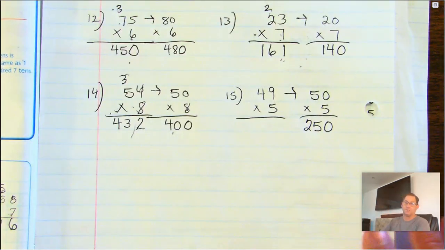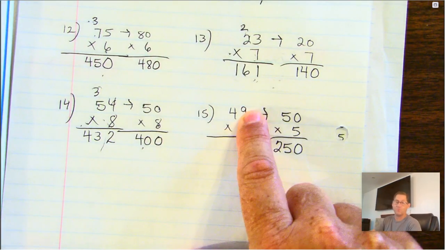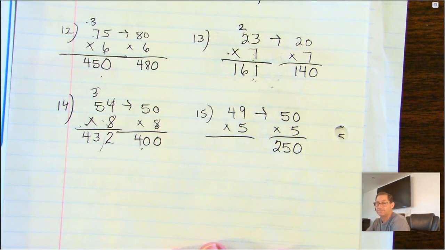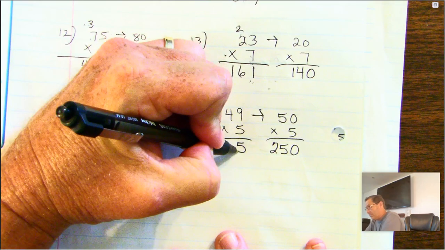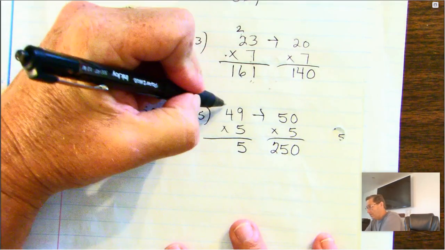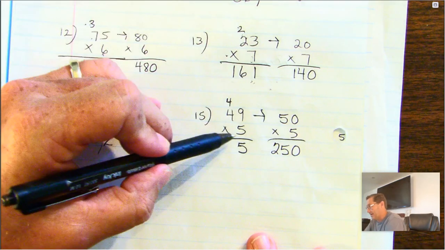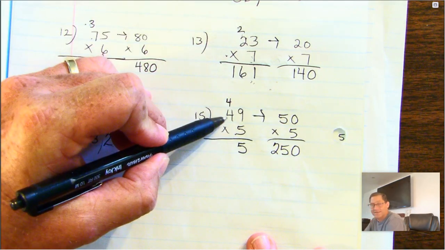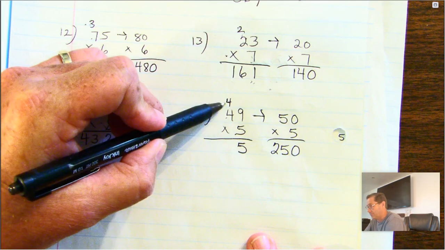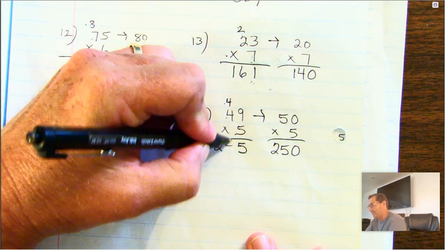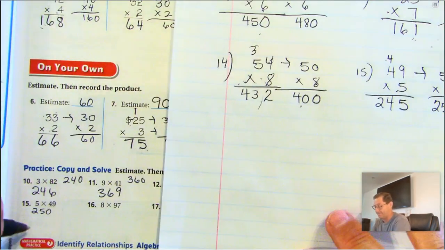Now, what is it actually? 5 sets of 9 ones is 45 ones. We're going to regroup 40 of those ones as 4 tens. Now, 5 sets of 4 tens is 20 tens, plus the 4 regrouped tens gives me 24 tens, 245.